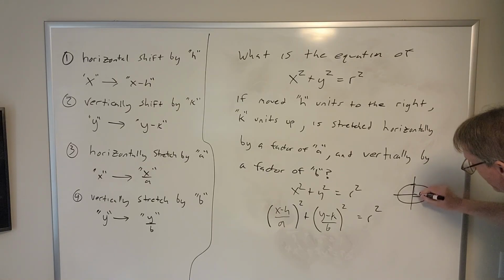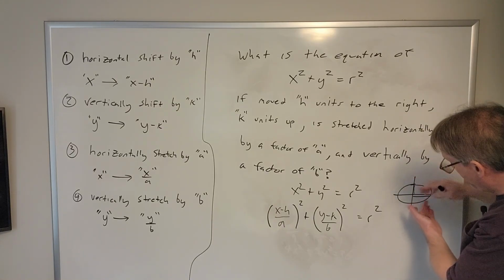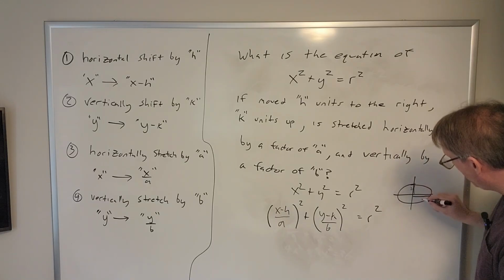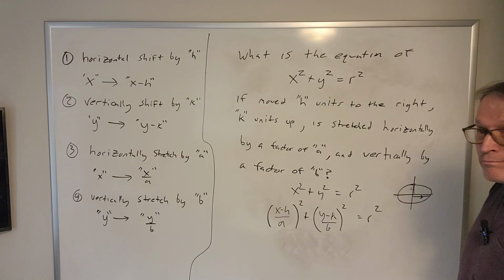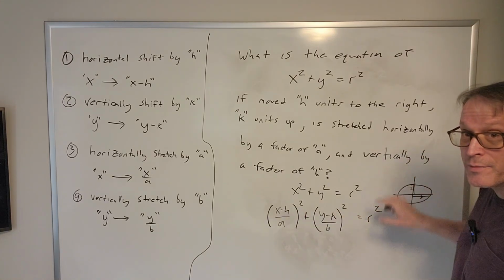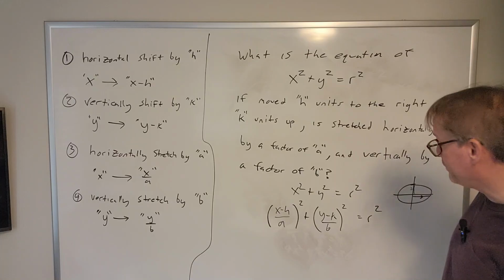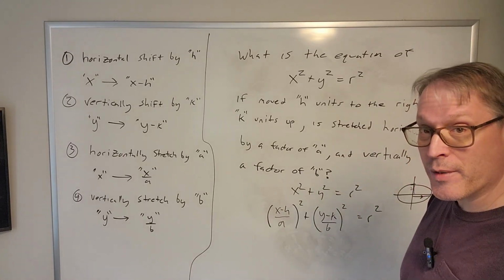This distance right here would be b. So if you stretched it by a factor of 2, that would be 2. Stretch it this way by a factor of 3, that would be 3. If you moved it to h, k, wherever the center is at h, k. That's it. Pretty cool, huh? Ellipses aren't that bad, are they?